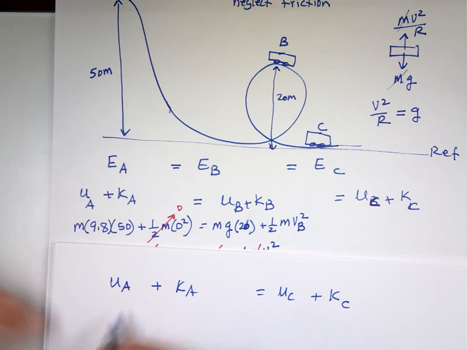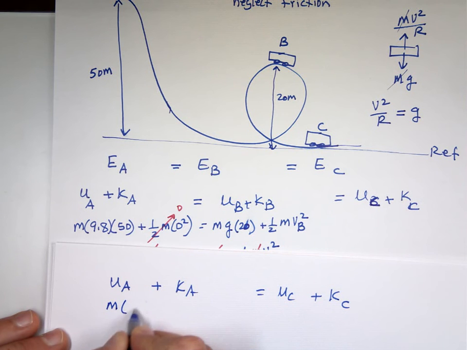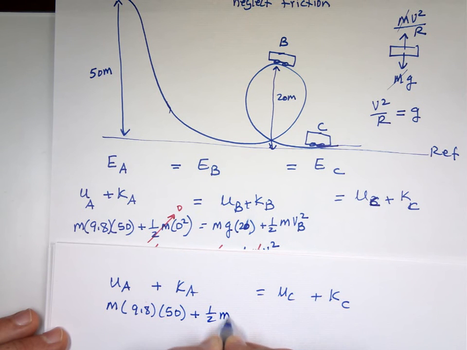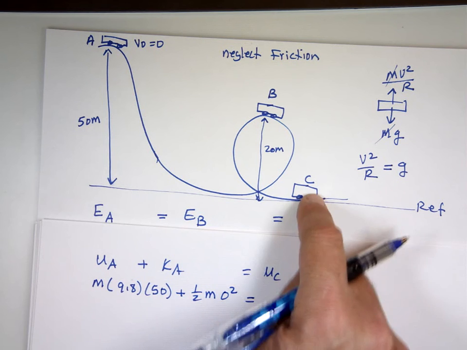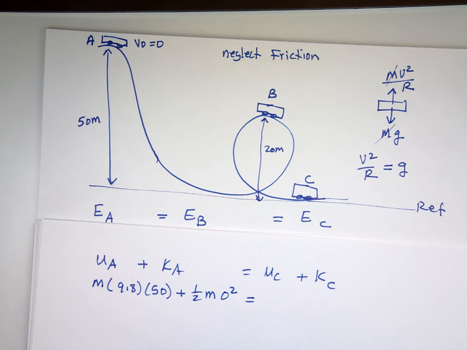Mass times 9.8 times the 50. The kinetic energy is 1/2 m times 0 squared. At C now, if this is my reference, what's my height at C? 0. And my kinetic energy is 1/2 the mass times the velocity at C squared.